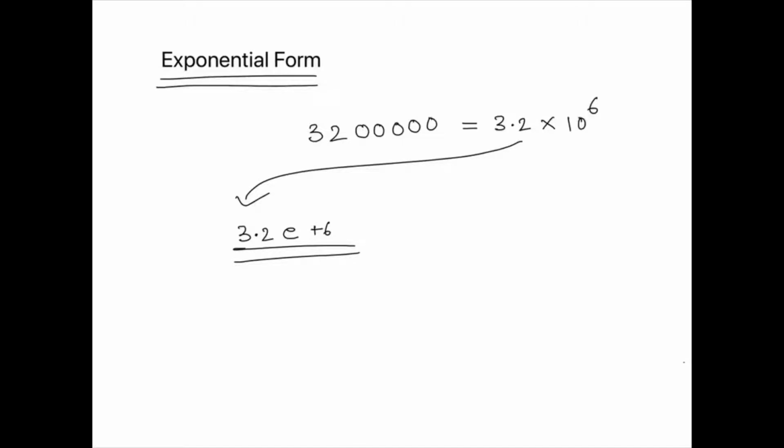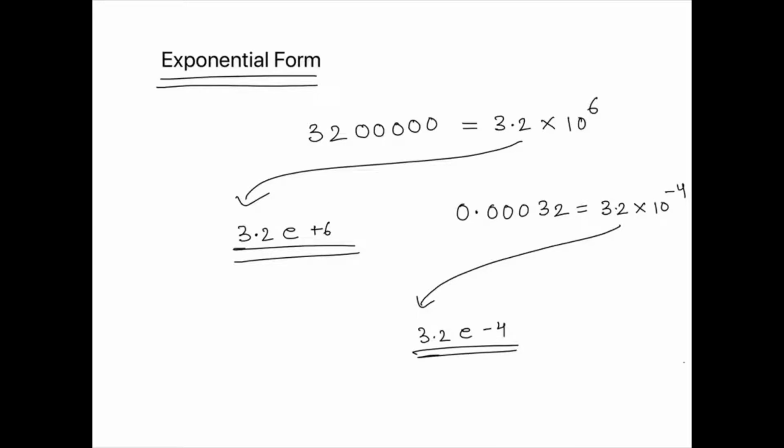Now, if the number is small, let's say 0.00032, this number can be written in this form, 3.2 multiplied by 10 to the power minus 4. Then this number can be written as 3.2 e minus 4.